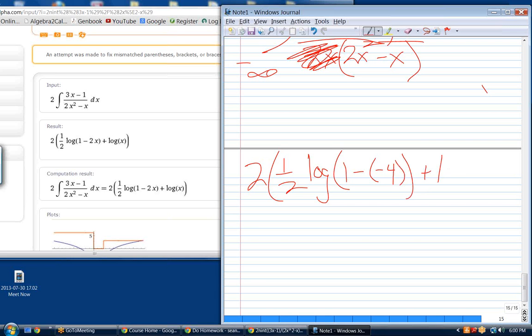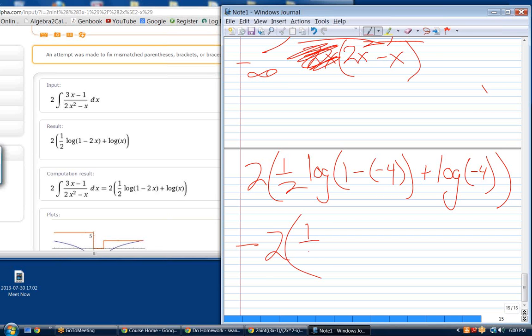Plus the log, oh wow, can't take logs of negative numbers. What's the lower limit of integration? Negative infinity.